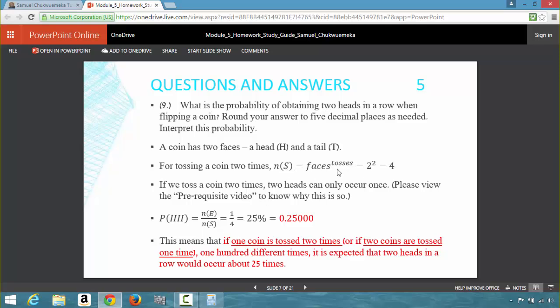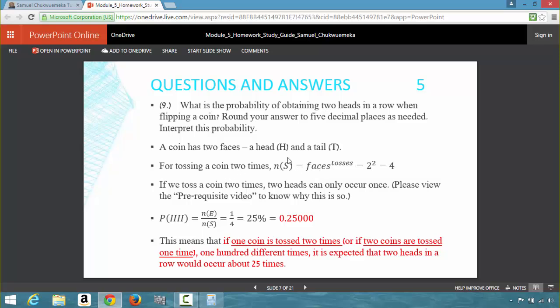When you have this kind of question, you don't solve it for every question, but when you have this kind of question, tossing a coin 3 times, tossing a die 2 times, tossing 2 dice 1 time, it works. So the cardinality of the sample space, you have a coin tossed 2 times.